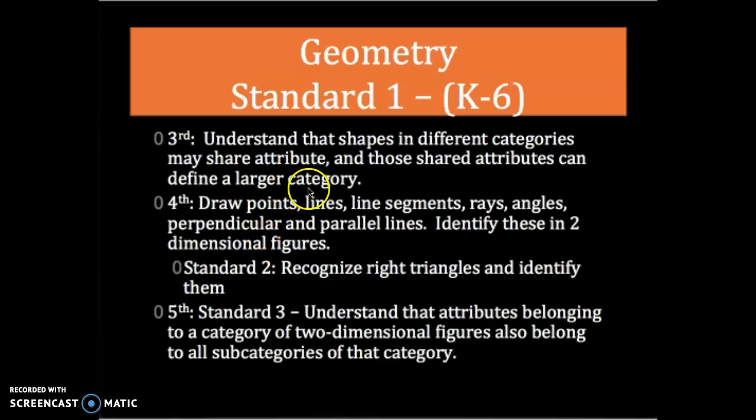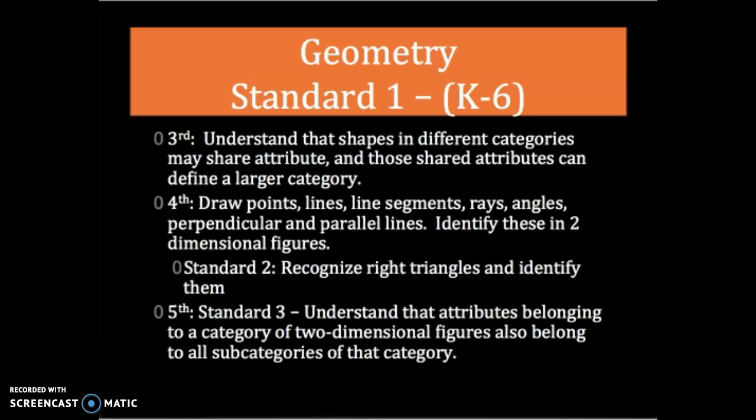And then in 4th grade, we see students need to learn to draw points, lines, line segments, rays, angles, perpendicular and parallel lines. This is much different than shapes. They're doing a lot of plotting in this.